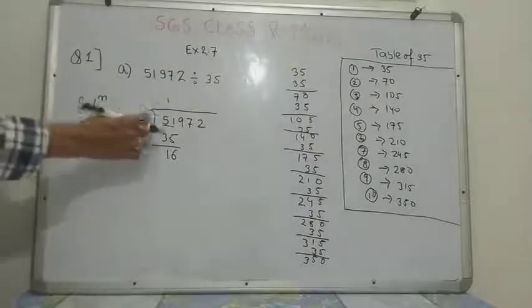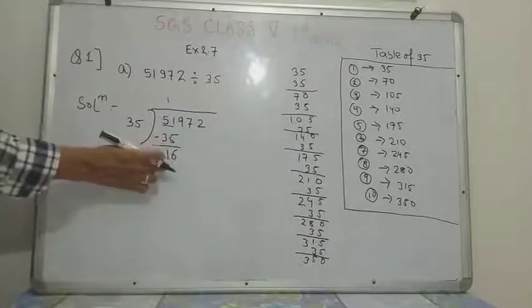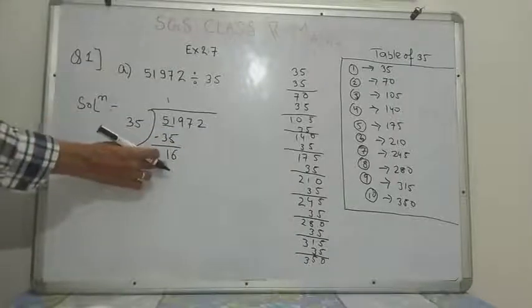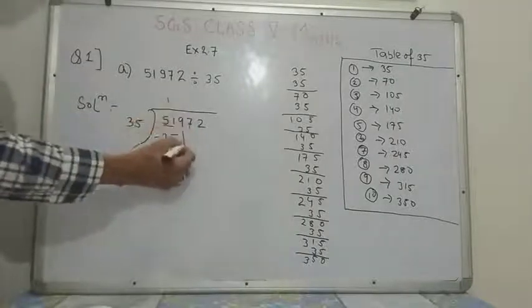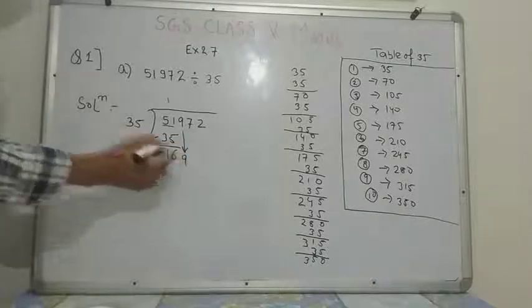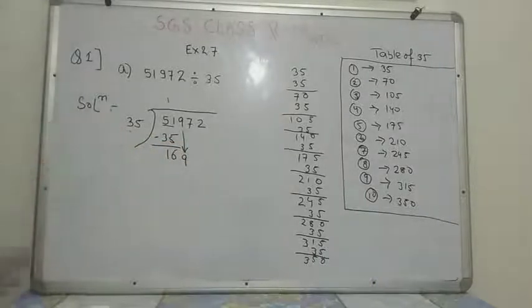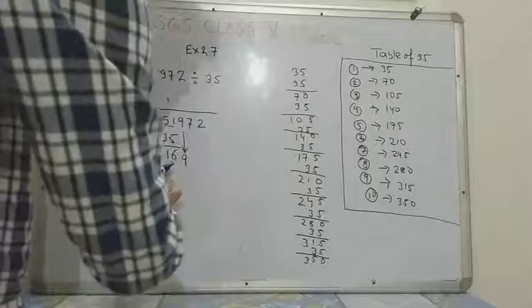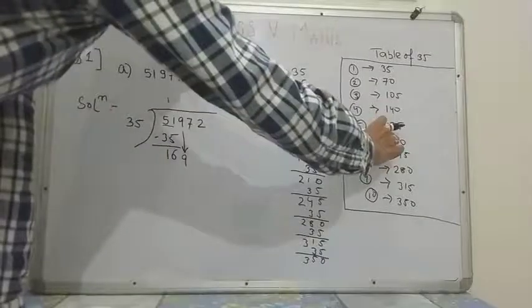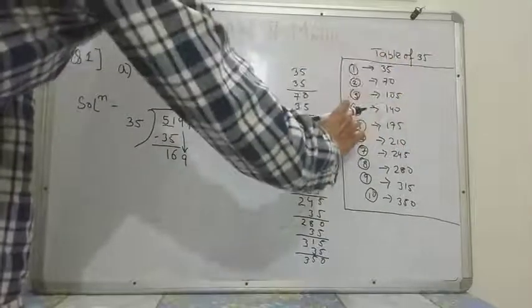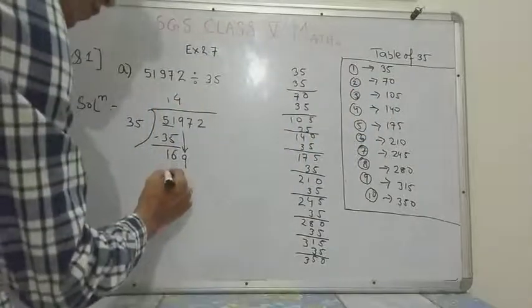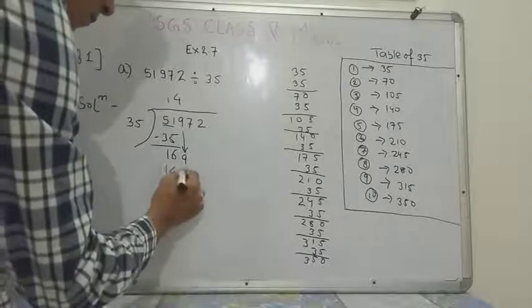After subtracting, you should check whether the remainder is smaller or greater than the divisor. If it is smaller, then we take one digit down, and again we check which multiple the number is coming between. 169 is smaller than 175, so we multiply by 4 times and get 140.